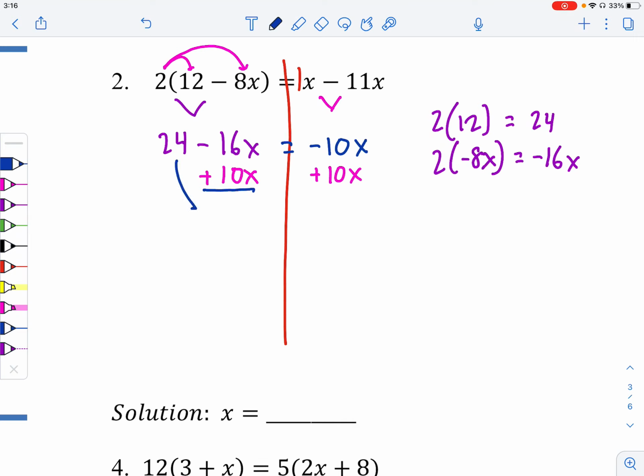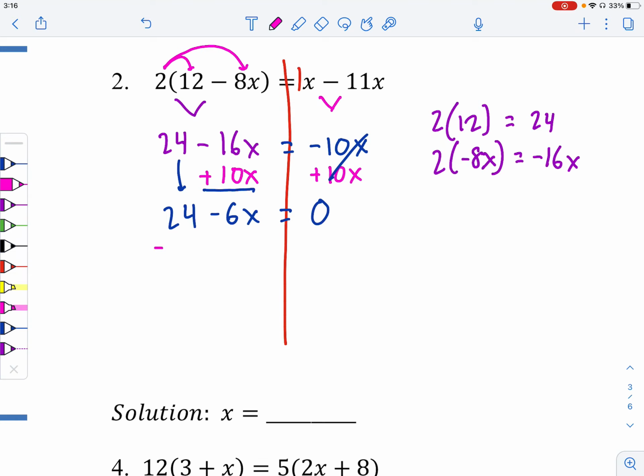So this 24 comes down. Let's do it. So negative 16 plus 10, negative 6x. This cancels. So you have 0 on the right, nothing's left. So we do 24. Okay, then we're going to solve it.